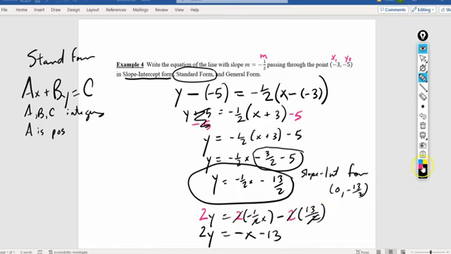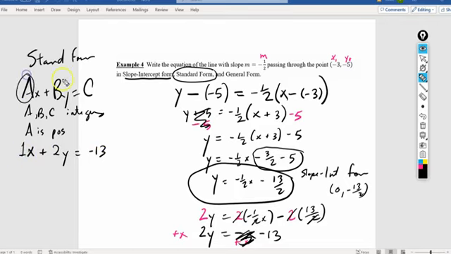Okay, now we're nearly there. Now let's add x to both sides. And so that's going to cancel, and I'm going to write it over here. I'm going to have x plus 2y is equal to negative 13. And I am done, because technically that's a 1.